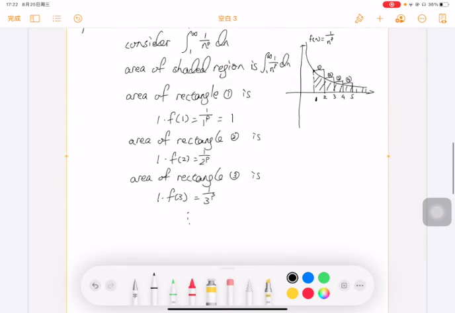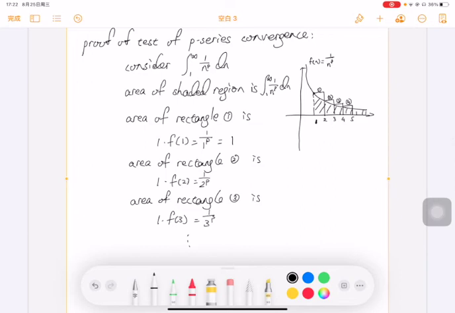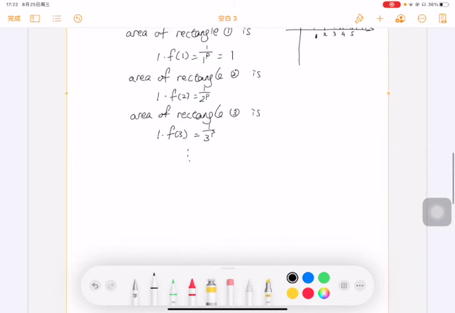So we get that the area of each rectangle equals one term in the series. And if you sum them up, you get the total area of rectangles equals, not the integral, I mean equals the series, the sum from n equals 1 to infinity of 1 over n to the p.